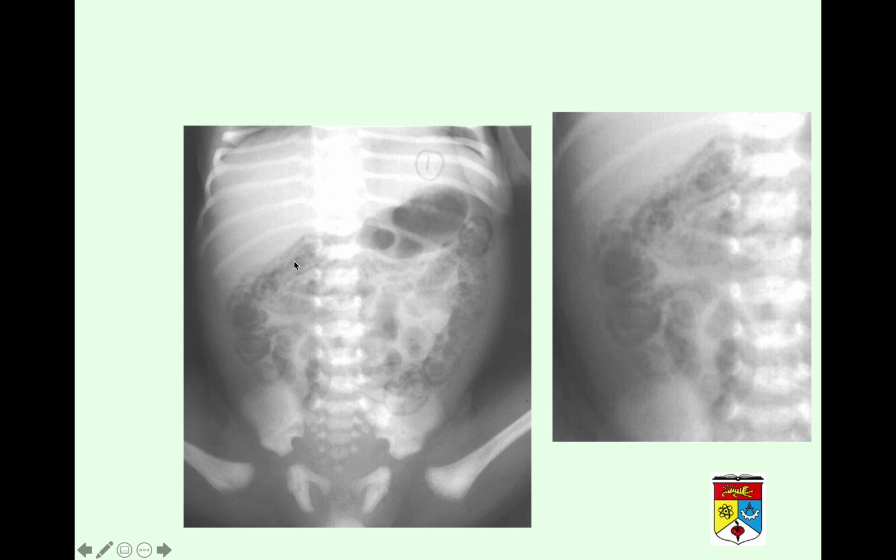Okay, so like in this case, if I make this image bigger, you can actually see there's a linear lucency here that you feel is very busy around that region. And if you outline it that way, then you have to suspect that the linear lucency is actually air in the bowel wall. Okay, so this is what we call intramural air.